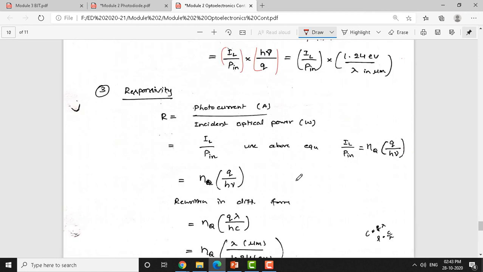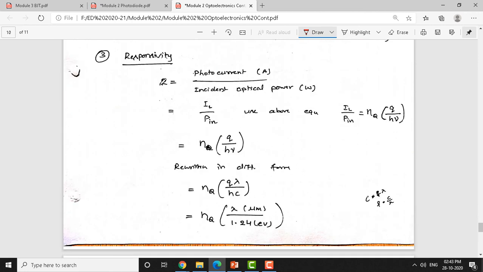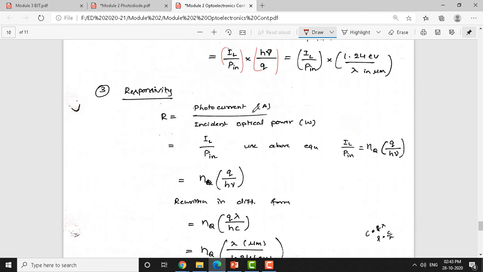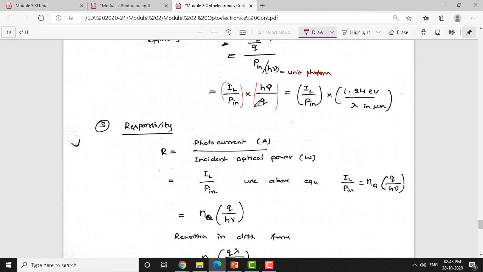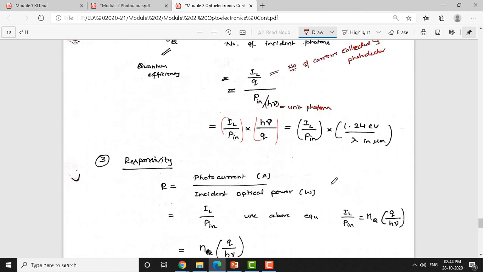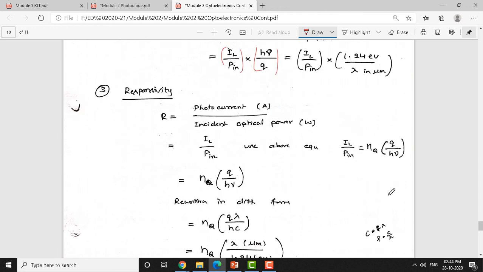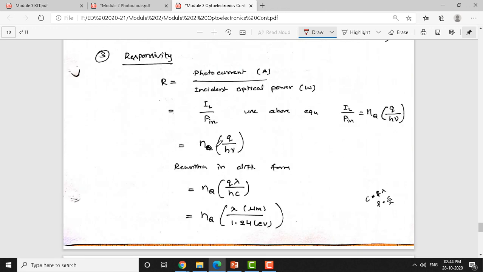Lastly, we have responsivity. Responsivity is labeled as R. Don't confuse it with resistor, even though that is also labeled R. It is the photocurrent in amperes divided by the incident optical power in watts. IL by P in is the mathematical relation, and if you cross multiply with quantum efficiency, it gives this relation: eta Q times Q by h nu.